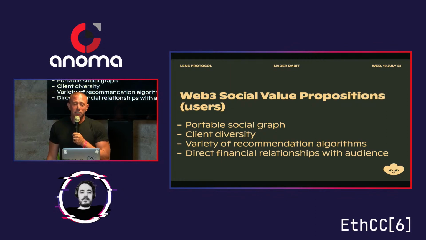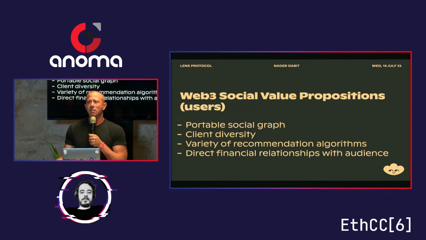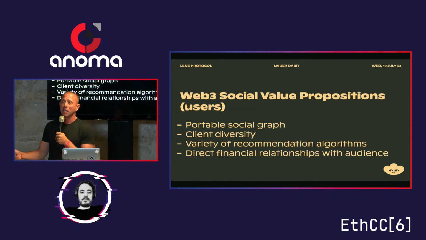What are the value propositions of Web3 social? Portable social graph, this is for users, like the person that would be using an app like Twitter or something like that. Portable social graph, client diversity, a variety of recommendation algorithms. So with Twitter, a lot of people have gotten the new updates and they're not happy with the content that they're seeing. With more public data sets, and what we're now seeing with about a dozen or so teams building recommendation algorithms on Lens, we're going to actually have the ability to go into your settings and just change the recommendation algorithm.